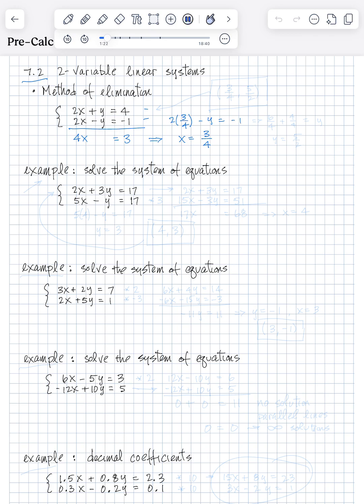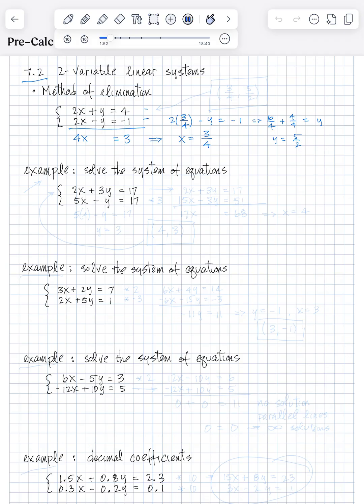So if we add 1 and y to both sides, and then multiply the 2 times the 3/4, that gives us 6/4 plus 1, and the 1 we're going to call 4/4, so we can add them. 10/4 is equal to y. So y is equal to 10/4, which is 5/2.